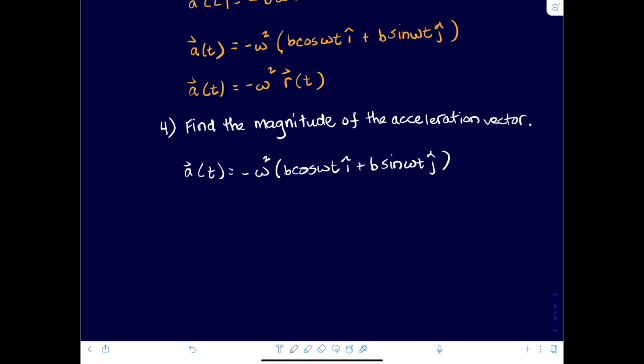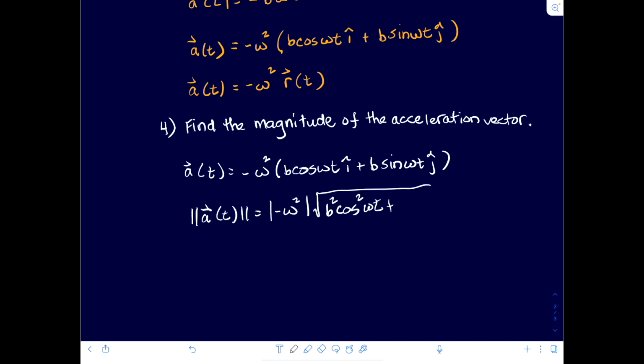And so the magnitude of a at t will end up being the absolute value of negative omega squared times the square root of b squared cosine squared omega t plus b squared sine squared omega t.